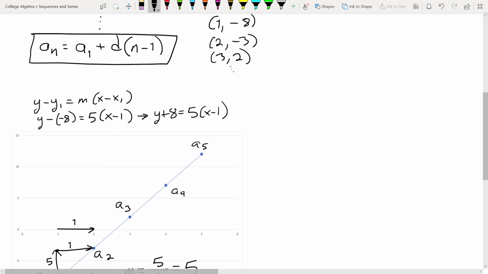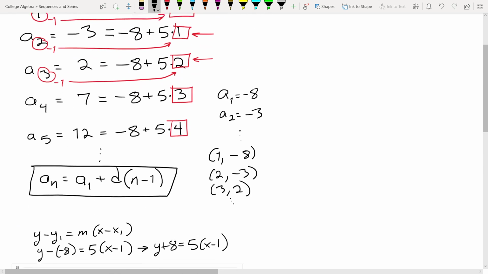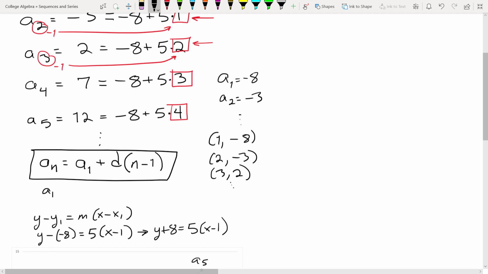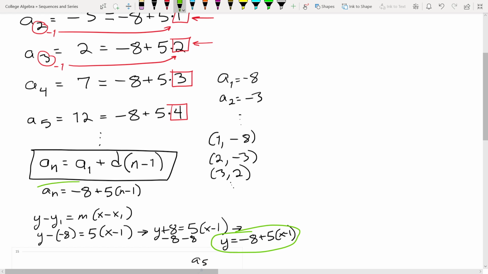Now this looks very close to what we get when we plug in things here: an equals -8 plus 5 times n minus 1. A1 was -8 and D was 5 for our formula. Well, all we have to do is subtract 8 from both sides. And now we see we get y equals -8 plus 5 times x minus 1. And so these two are nearly identical.